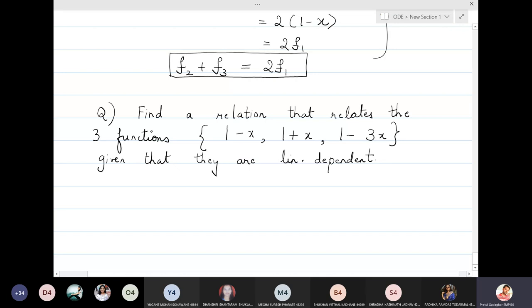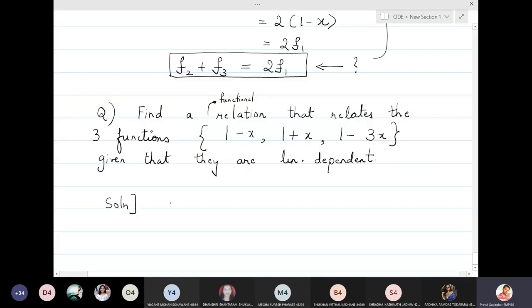Okay, this relation is often called a functional relation. It means there is some relation between the given three functions, or whatever the set is. Now we will see how I got this answer. It is easy to do that.